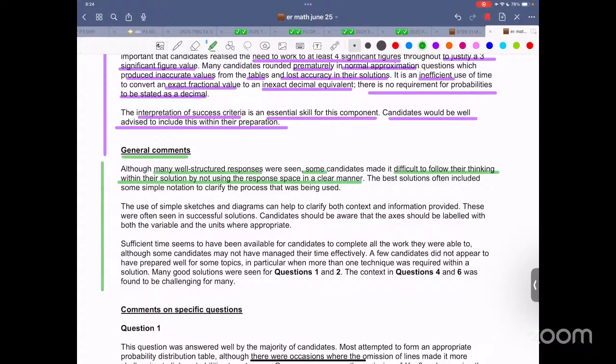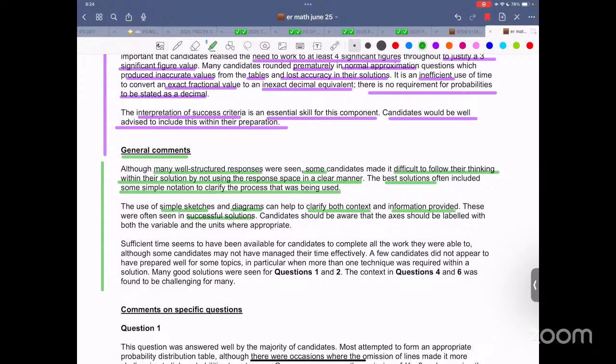Who will care? They do care, as you can read it over here. The best solutions often included some simple notation to clarify the process that was being used. The use of simple sketches and diagrams can help to clarify both the context and the information provided. These were often seen in successful solutions.